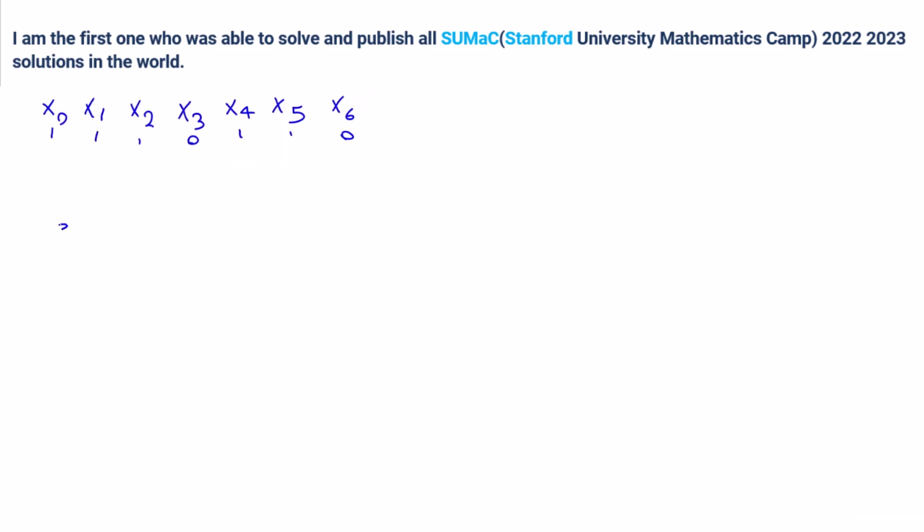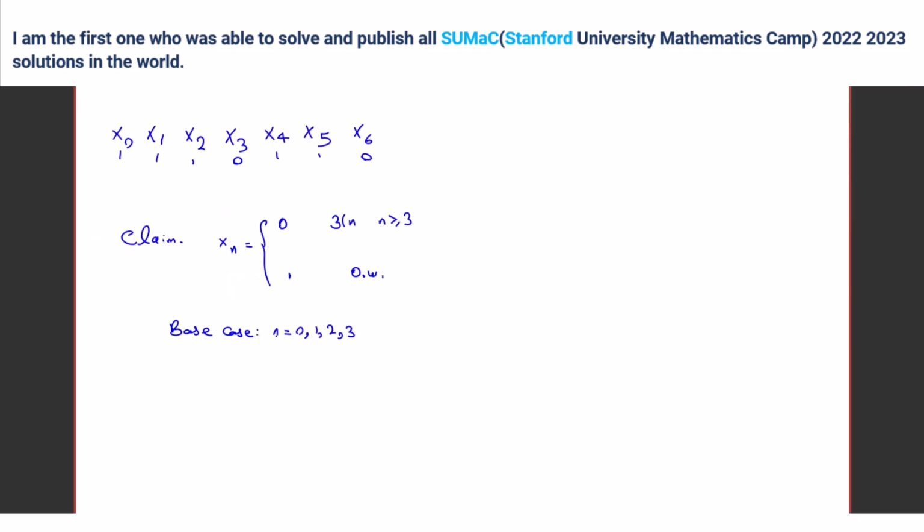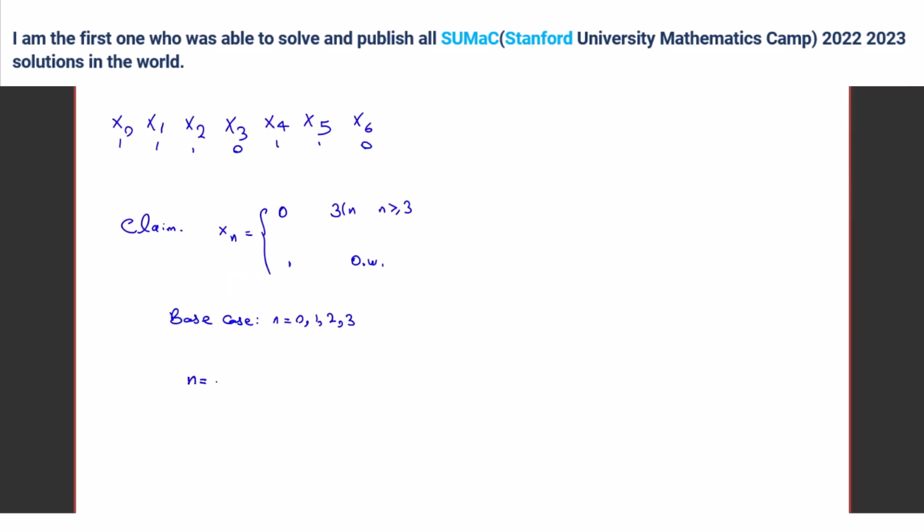And then we do it for k plus 1. The claim is: xn, if 3 divides n and n is at least 3, is 0, otherwise it is 1, right? Yeah. And for the base case, you can say, okay, n is 0, 1, 2, 3, right? You should write them, and then consider, for example, k, you know it's correct, and you want to prove it for k plus 1, okay?